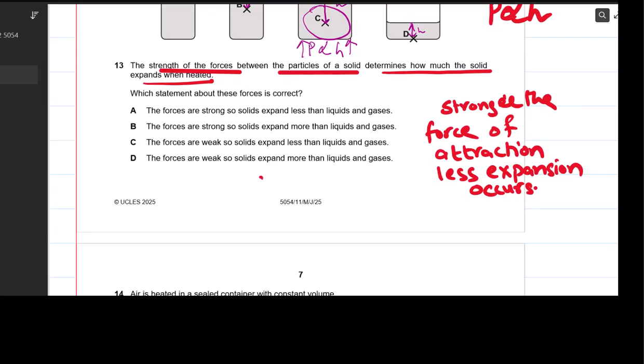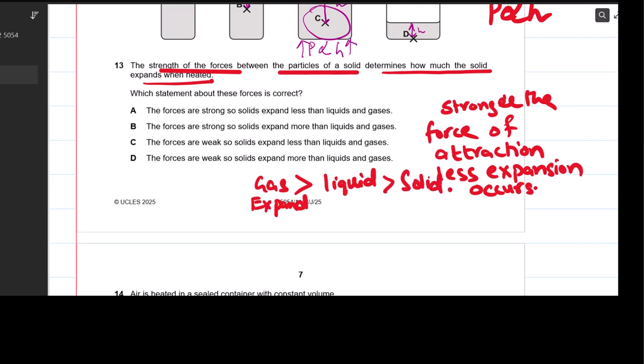So gases have gap between them and least force of attraction, so they expand more. Gases expand more than liquid and solid.